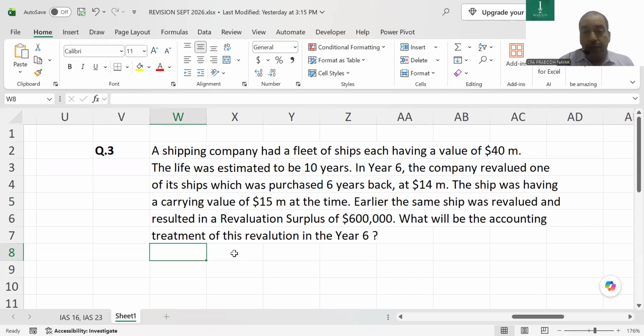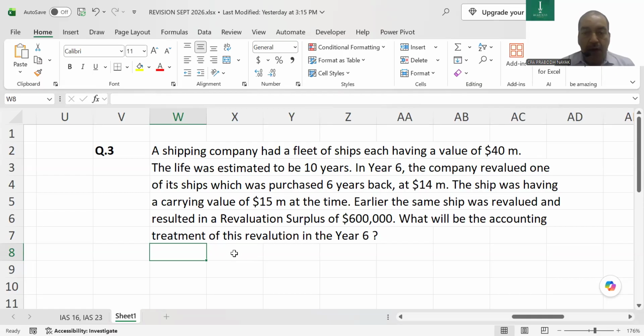Now you have to keep the dates in mind. See, in year 6, the company revalued one of its ships, which was purchased 6 years back at $14 million. And now we are told that the ship was having a carrying value of $14 million at the time. So from $15 million to $14 million, $1 million a loss.